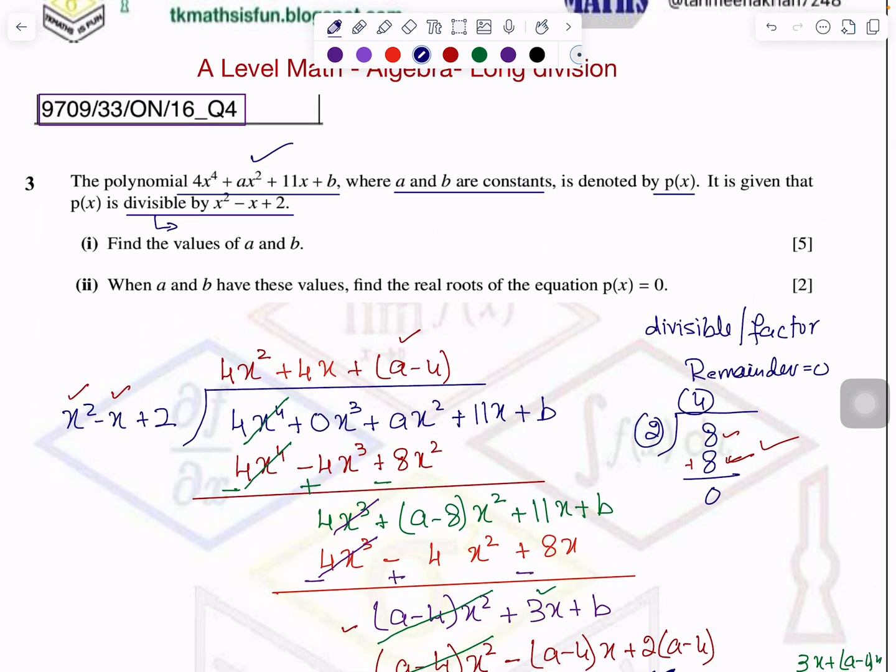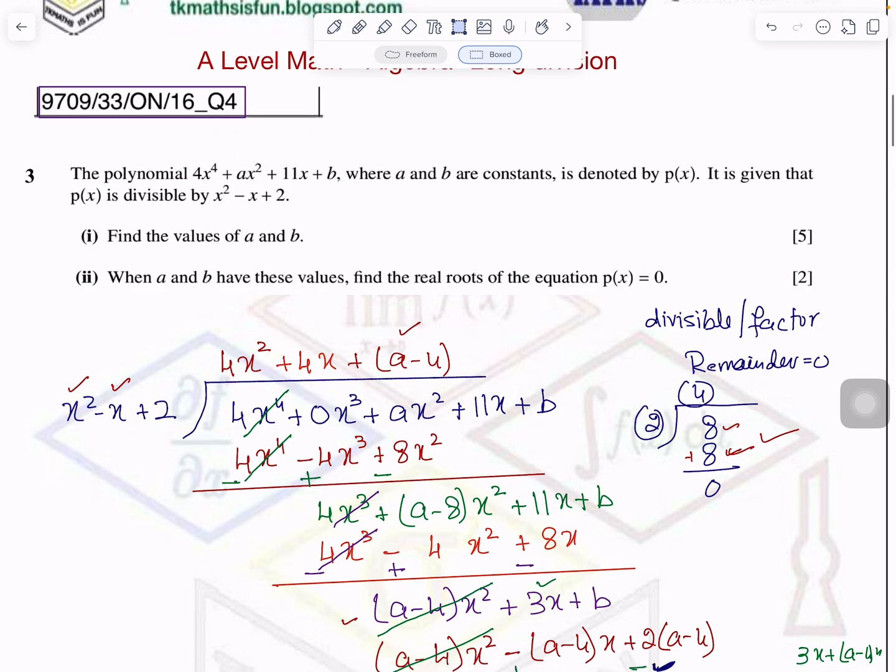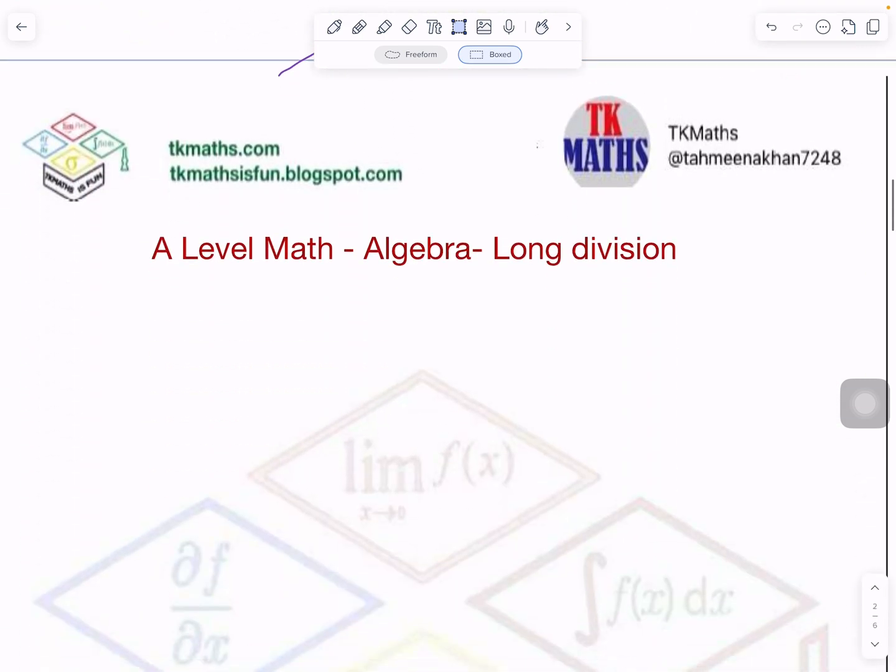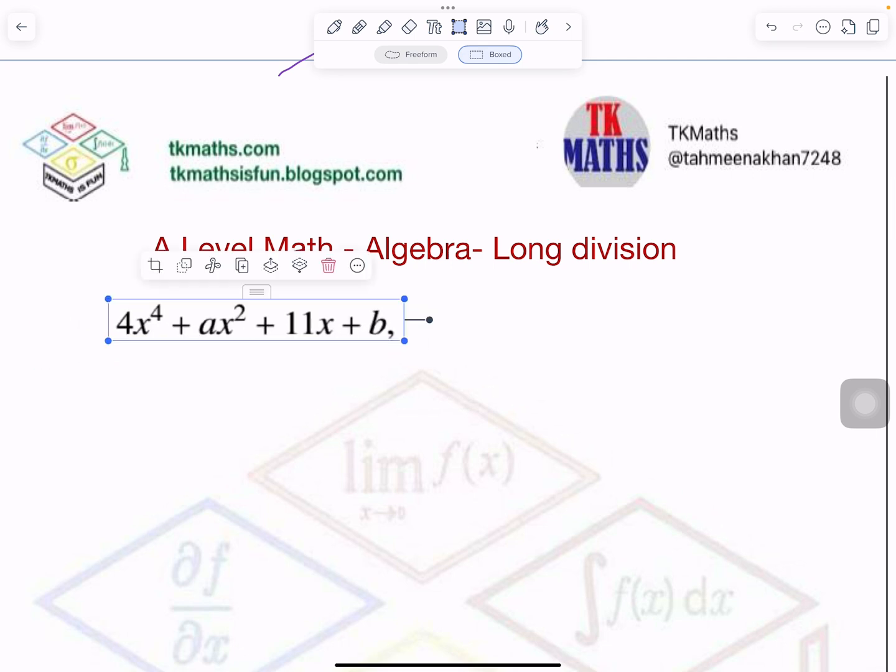Now the question is saying, when you have these values, you have to find the roots. So let's write down this equation again. Give me a second to clean this part. Okay, so now this is the polynomial and I have the values of a and b.